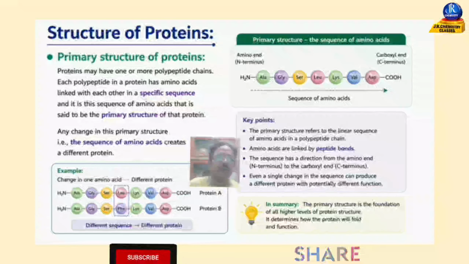And it is this sequence of amino acids that is said to be the primary structure of that protein. Any change in this primary structure, that is the sequence of amino acids, creates a different protein.